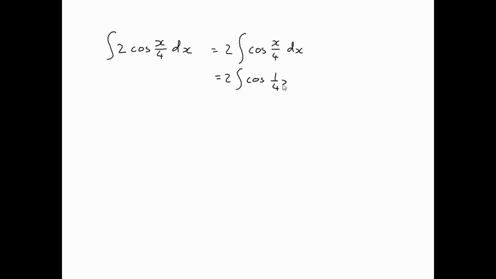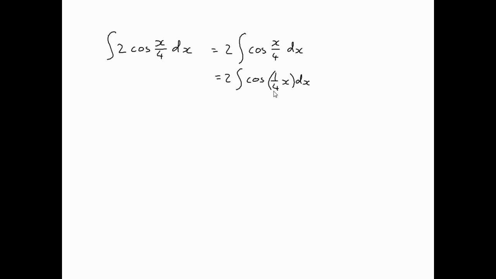Okay. Next one I'm going to do is the integral of 2 cos(x on 4) with respect to x. First thing again, take the 2 out the front. Now x on 4 is the same as 1/4 of x.